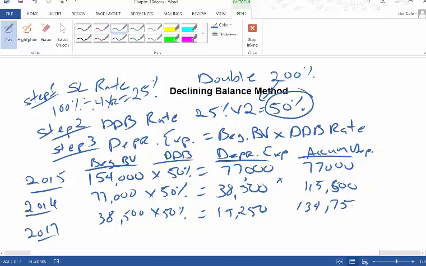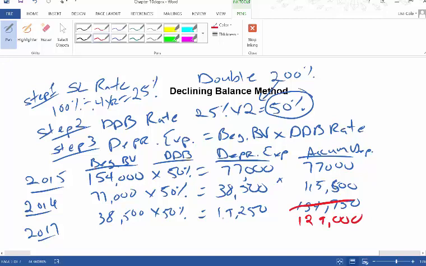Now, I don't know if you remember, but we talked about our depreciable basis. Our depreciable basis for this asset is the $154,000 cost minus the $25,000 salvage value, so I get a depreciable basis of $129,000. Therefore, my accumulated depreciation cannot be more than the $129,000 depreciable basis.